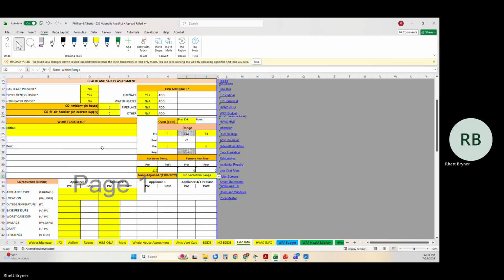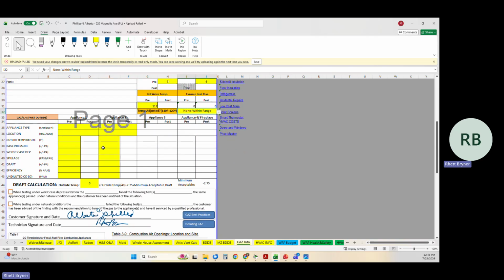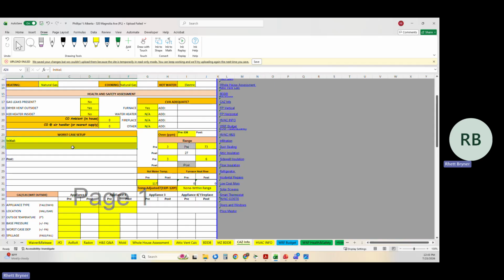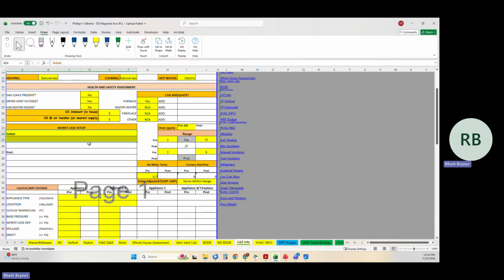All right. Moving on. Real quick, this little part here, I've got this highlighted yellow. This is called the worst case setup. So this is if you need to do a worst case test for your combustion appliance. That's not always necessary. It is one of those things that you do if it's necessary based on the house.